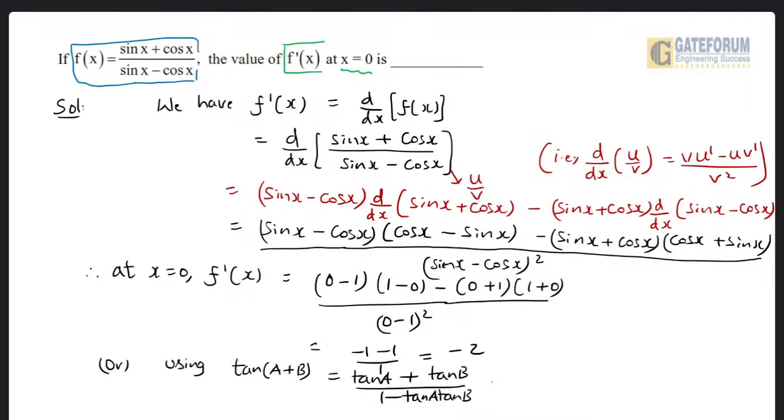So you get tan x plus 1 divided by tan x minus 1. Take minus common in the denominator. You will get minus of 1 plus tan x by 1 minus tan x, where I can write 1 as tan pi by 4. So minus of tan pi by 4 plus tan x divided by 1 minus tan pi by 4 into tan x. It looks like tan of pi by 4 plus x. The derivative of tan of pi by 4 plus x is secant square of pi by 4 plus x. And then cos 45 is 1 by root 2, secant 45 is root 2, using that method. So the answer is minus 2. This is the end of the question.